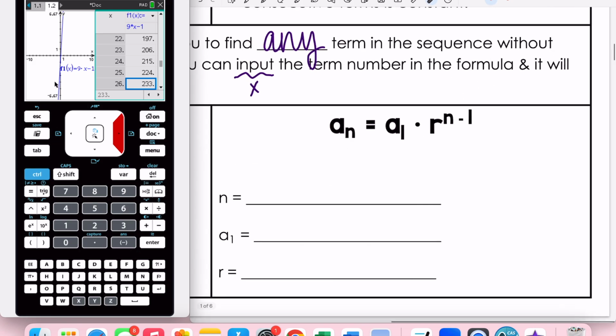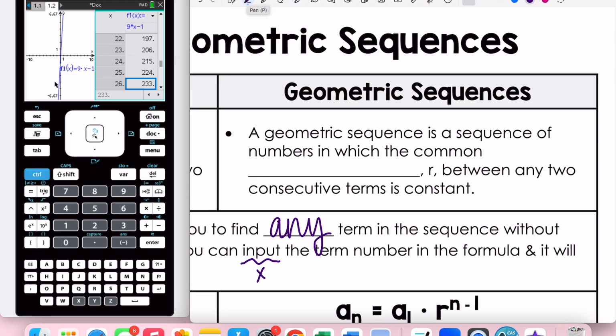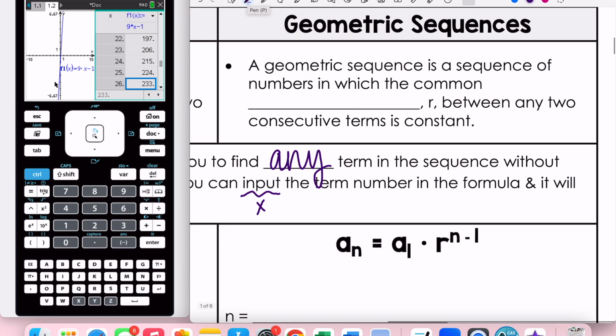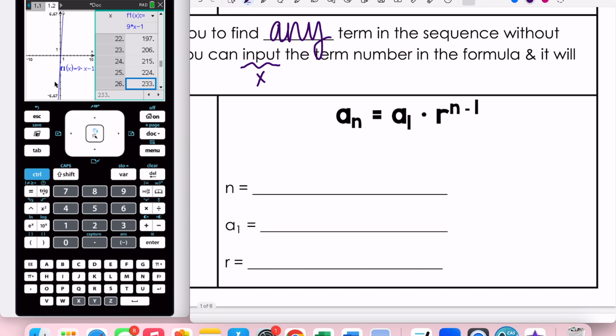We are going to move back over to the front page, and this time we are talking about geometric sequences. A geometric sequence is a sequence of numbers in which the common ratio between any two consecutive terms is constant. So for a geometric sequence, here is our equation: a sub n equals a sub 1 times r raised to the power of n minus 1.